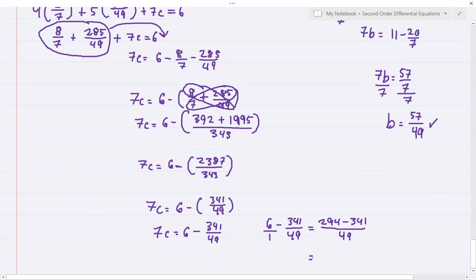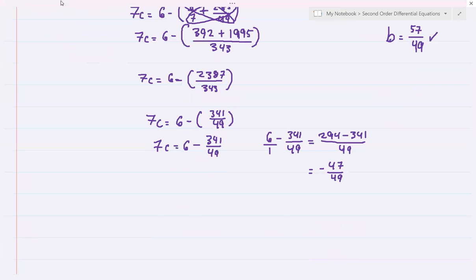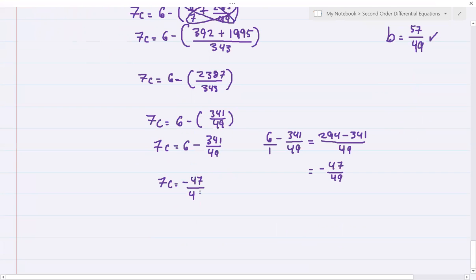So 294 minus 341 all over 49 will give you negative 47 all over 49. That is the simplified form of 6 minus 341 all over 49.